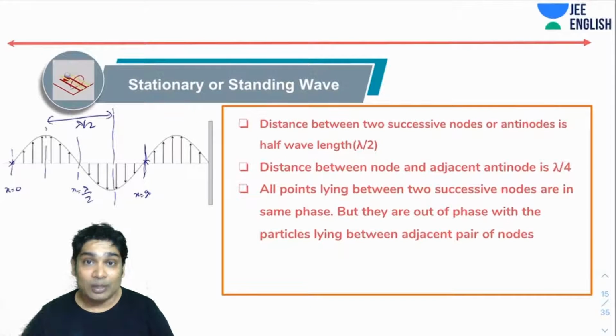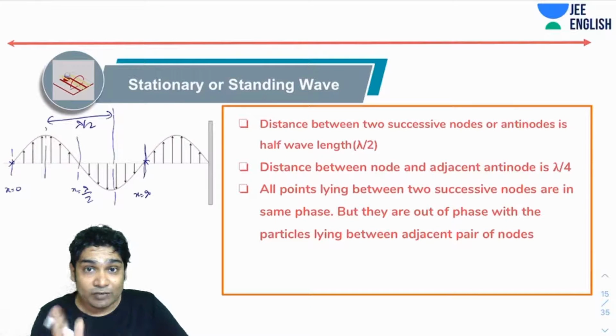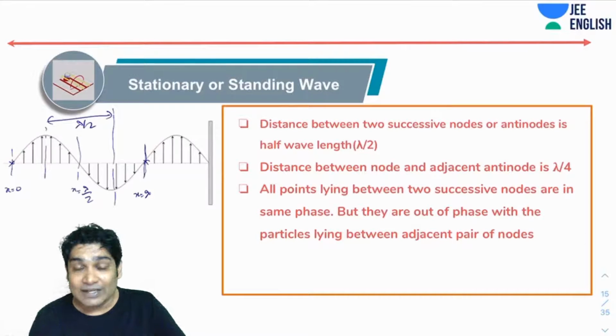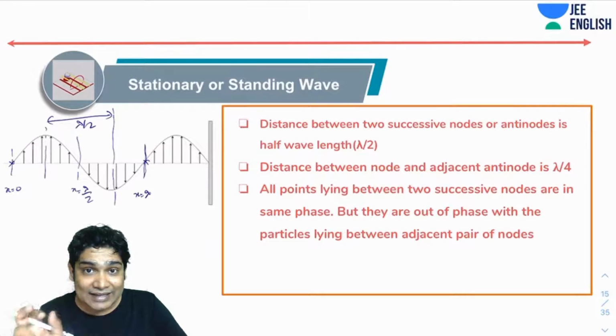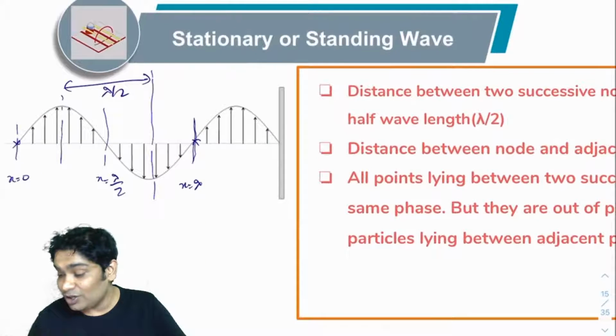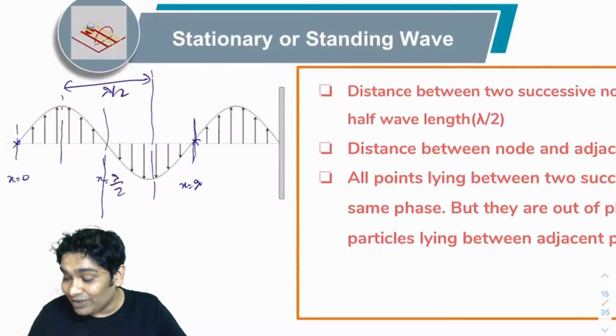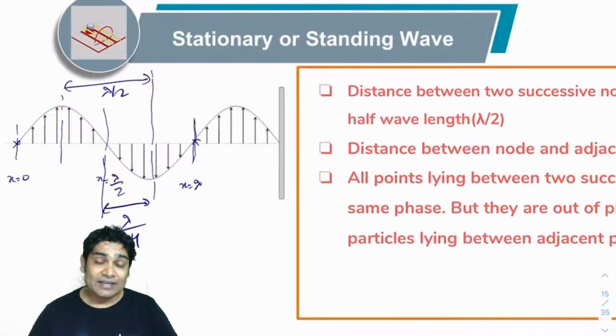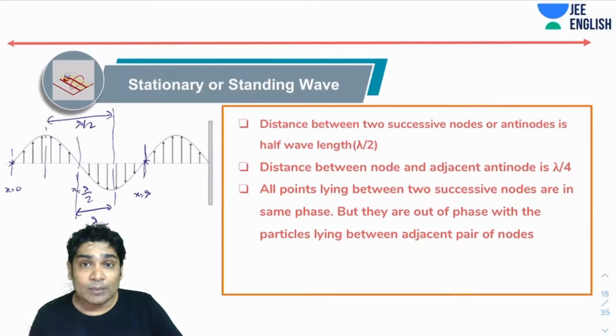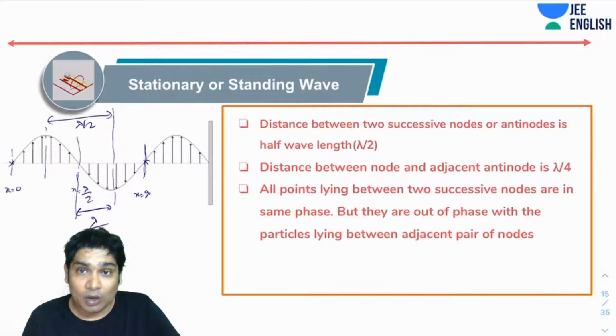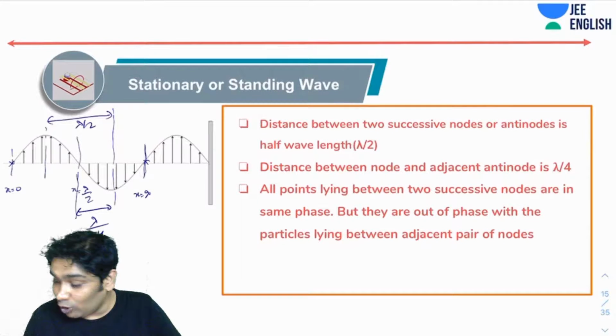So remember, the distance between two consecutive nodes and two consecutive antinodes is lambda by 2. And how about the distance between a node and the next antinode? That is lambda by 4. So the distance between a node and an antinode would be lambda over 4, where lambda is the wavelength of either of the superimposing waves. This will also be the wavelength of the resulting wave. I hope everybody is following me so far.